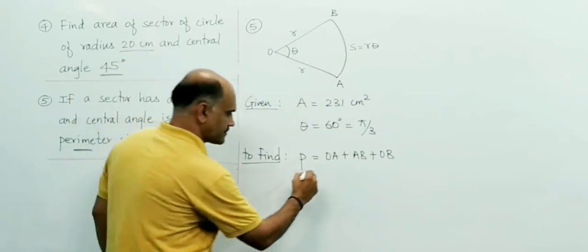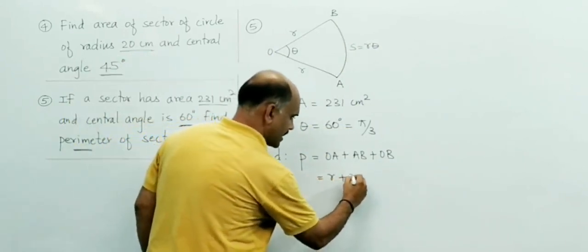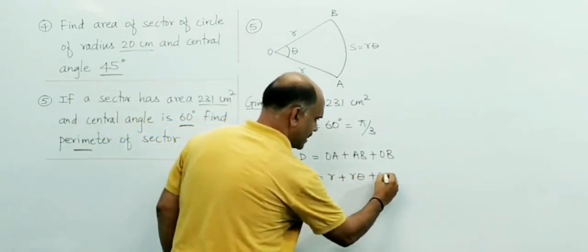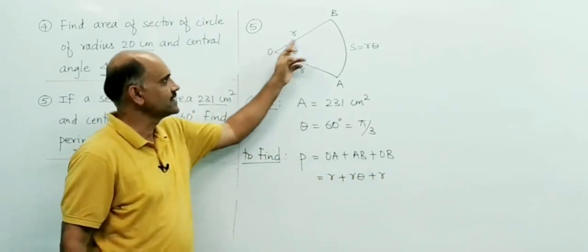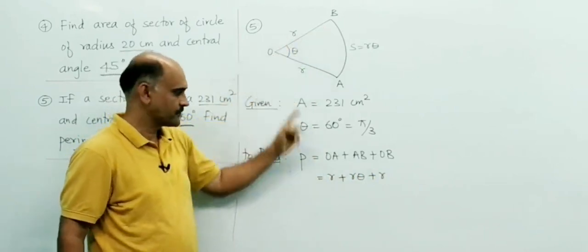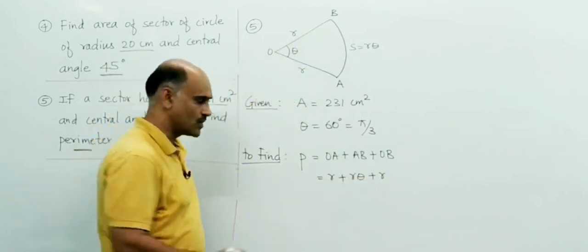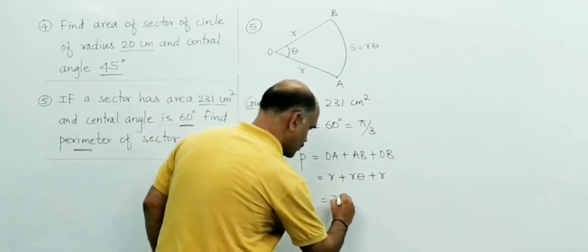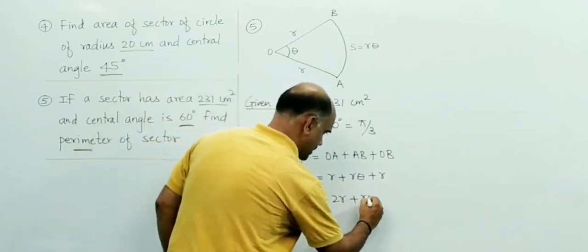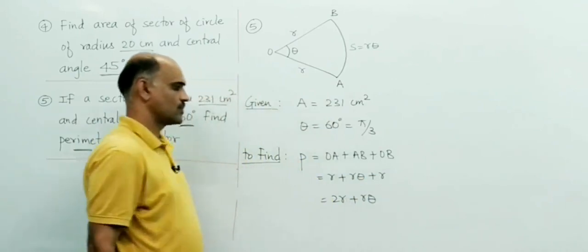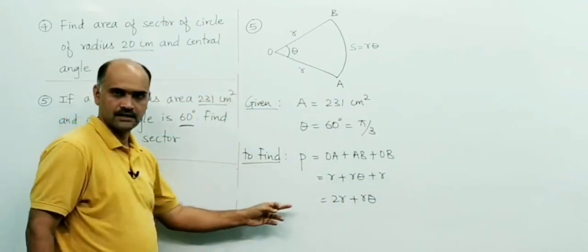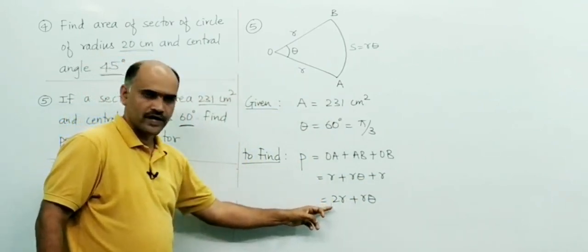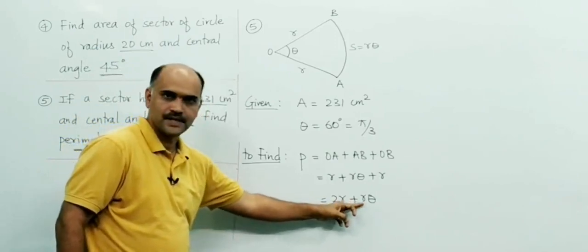So OB is again radius R. R plus R is 2R, so P is 2R plus R theta.